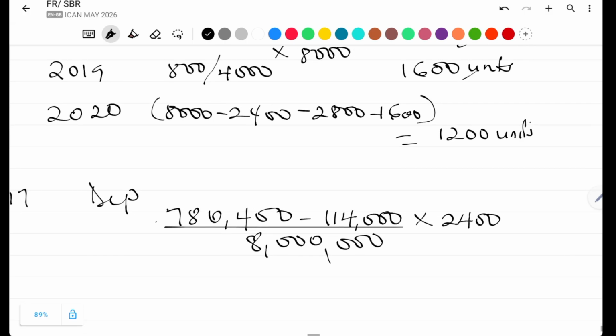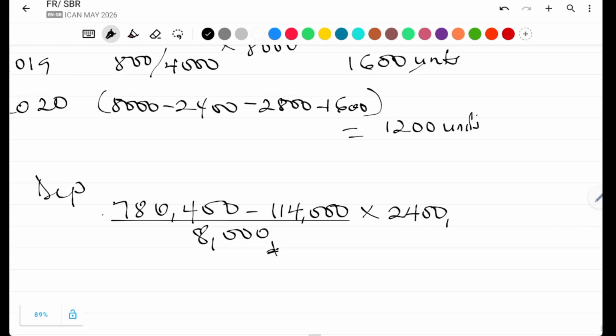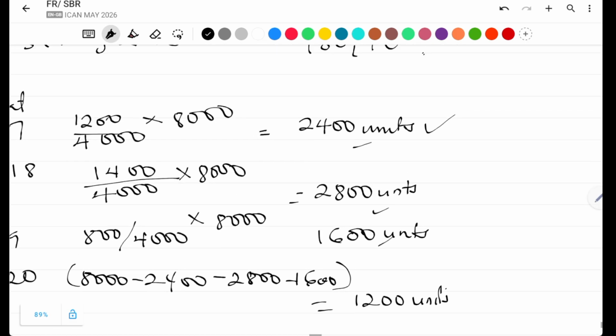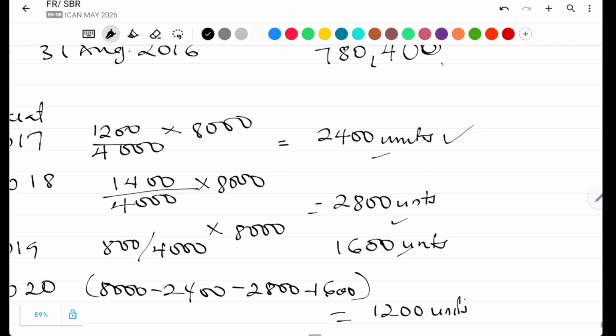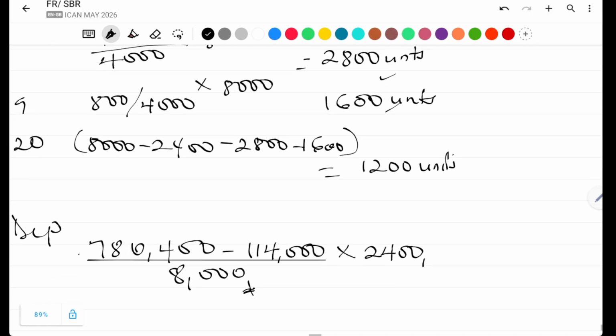Okay. Or you just remove the zeros. You can also do this. So it means the depreciation would then be, remember that this was our carrying amount. So we can just bring it down so that it's not confusing, right?